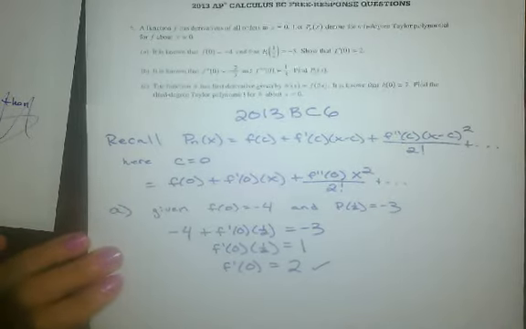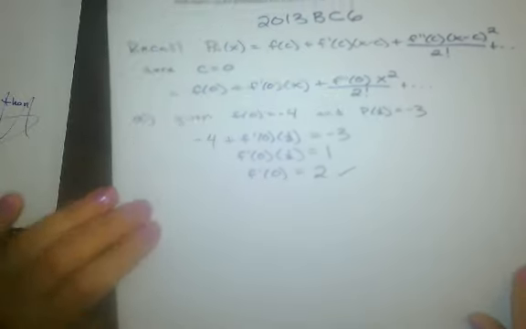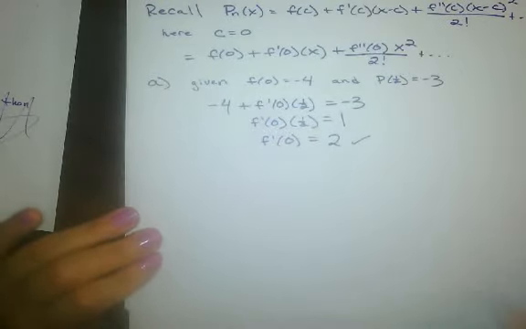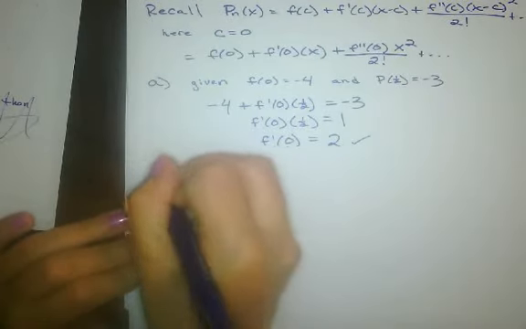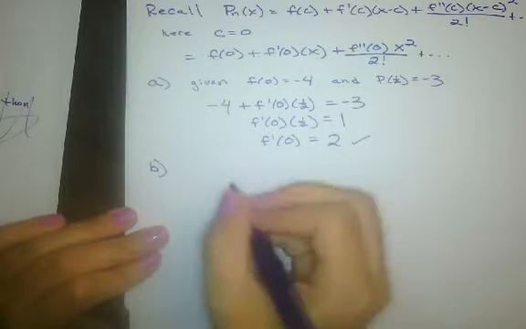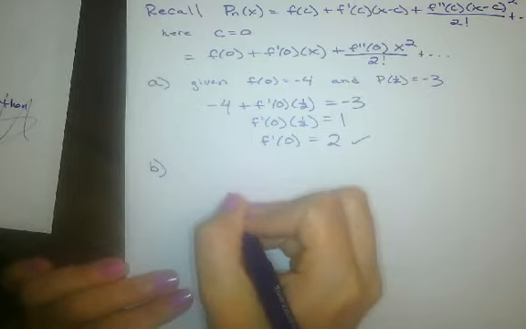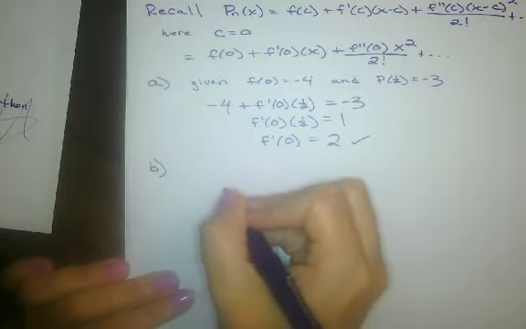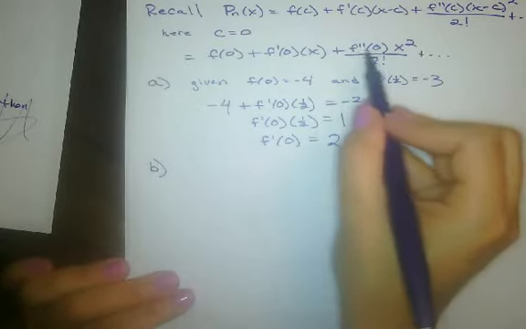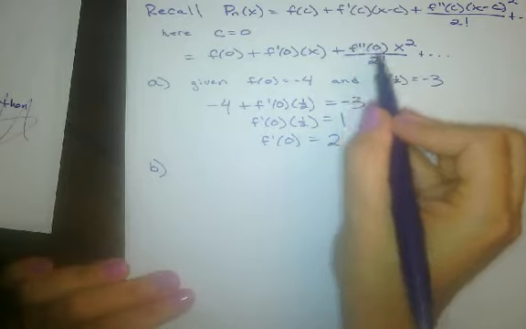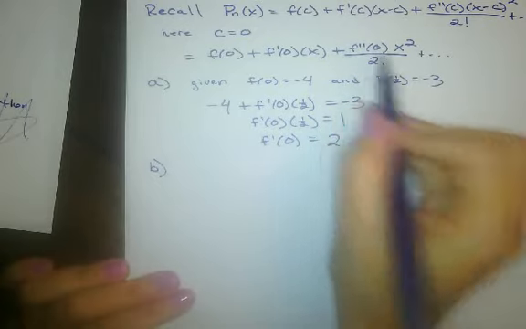I'm going to scooch this up here so we can see what's going on. We've got part B for this one. Since we know that the second derivative at 0 is the coefficient on that x squared term up here, I'm going to plop in that -2/3 right here.